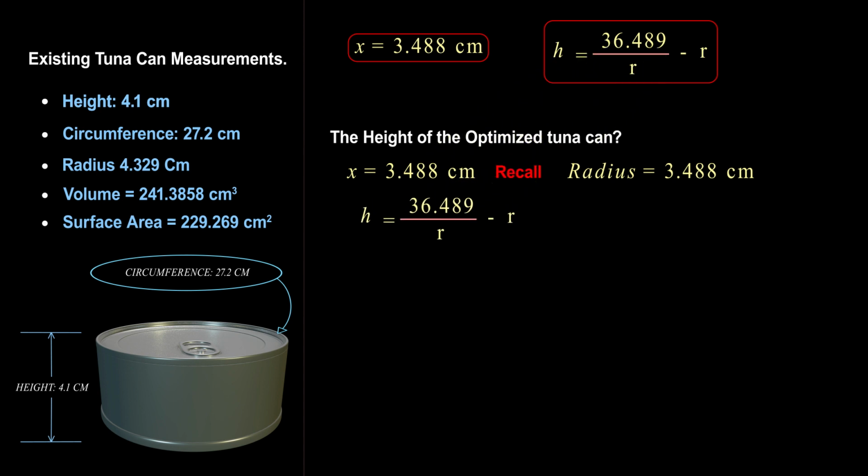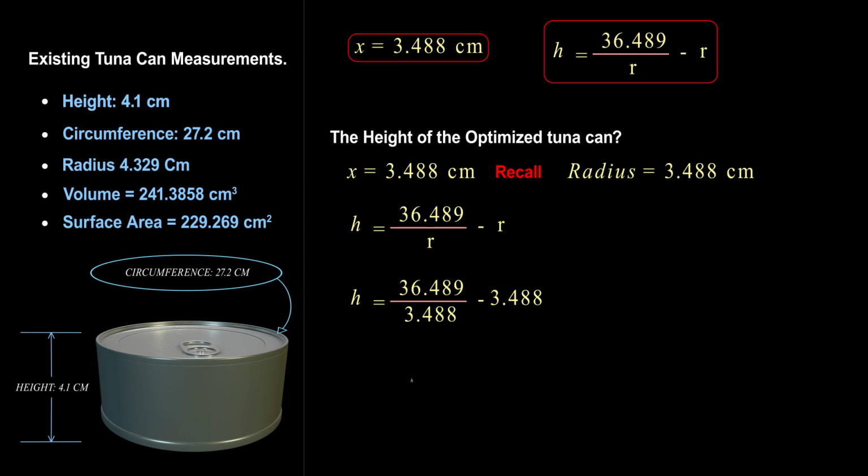Let's write it out again and use it to substitute 3.488 in for x. h is equal to 36.489 over r minus r. Substituting 3.488 centimeters for r, we get h is equal to 36.489 divided by 3.488 minus 3.488. Simplifying, we get the height, which is equal to 6.9975 centimeters.